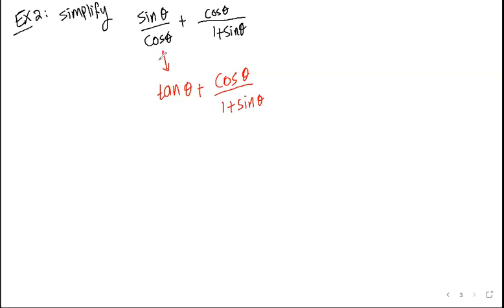This is what I mean by simplify, but here we do not simplify by making it tan. So this is a good idea, William. Thanks. So the best way is to make the common denominator.